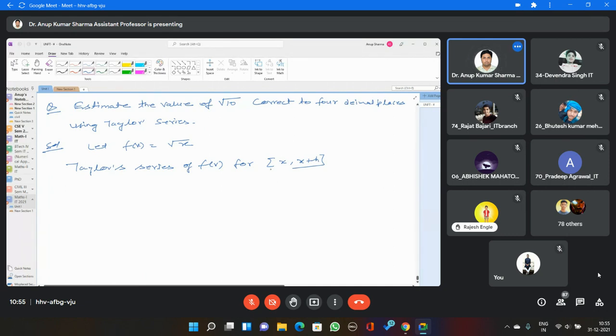So then what happened? The interval we are taking is x and x plus h, means to say x is equal to 9 and h is equal to 1. Then what happened? Then it is about root 10, and it becomes about the point 9.